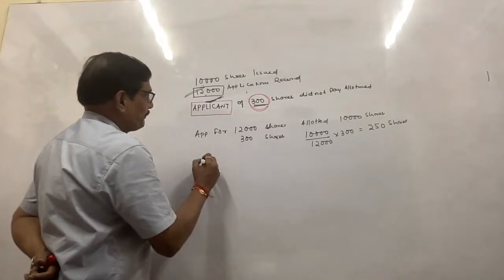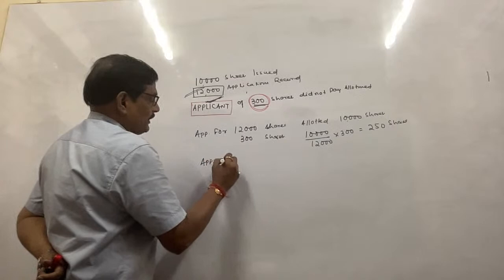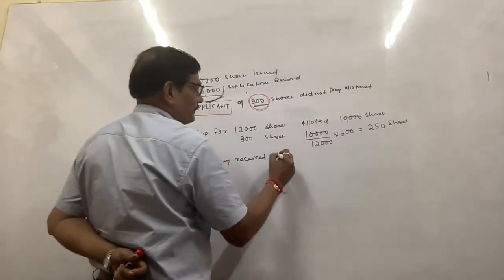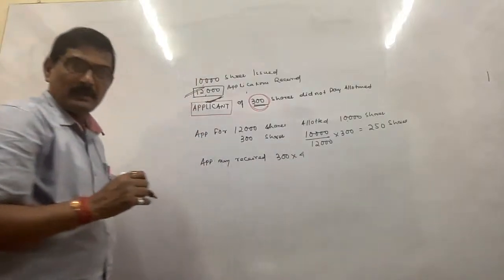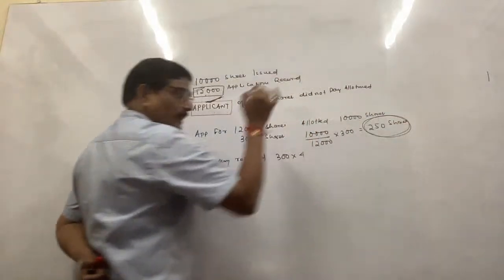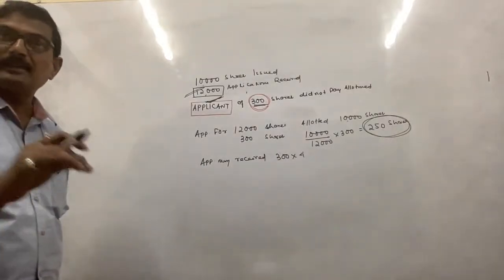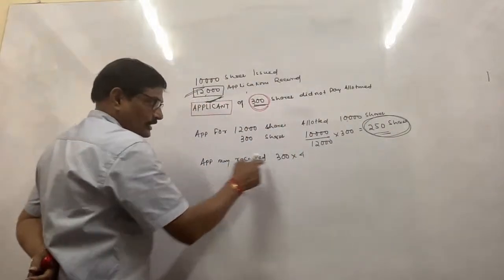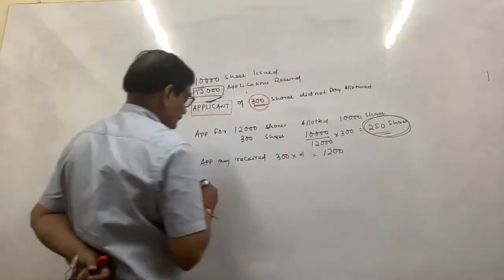Now see, application money received, 300 into 4. The only thing you have to understand is the calculation. The entries remain same, treatment remains same, only this calculation is important. Application money received 300 into 4, that is 1200 rupees.